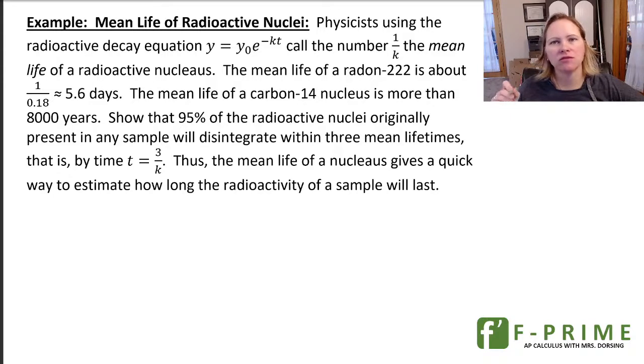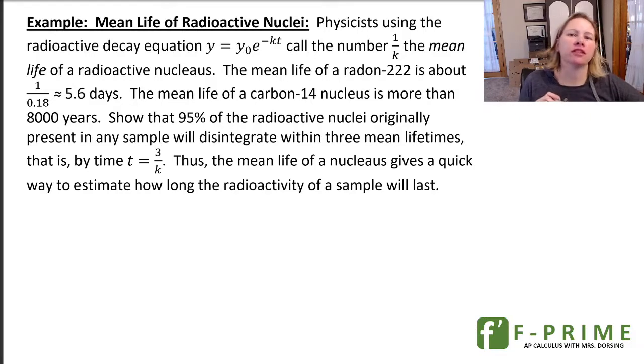The mean life of radon-222 is about 1 over 0.18, so k is 0.18 here, or about 5.6 days. The mean life of a carbon-14 nucleus is more than 8,000 years. Show that 95% of the radioactive nuclei originally present in any sample will disintegrate within 3 mean lifetimes. In other words, by the time t is 3 over k.